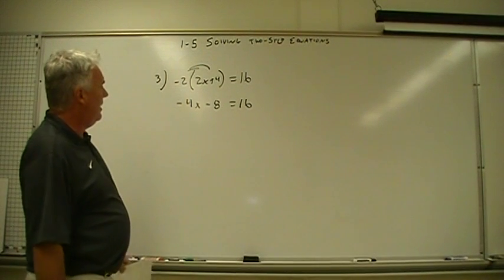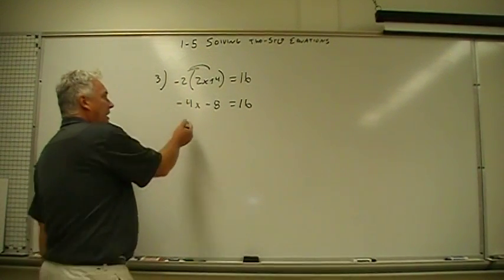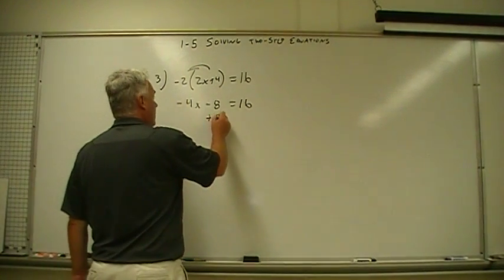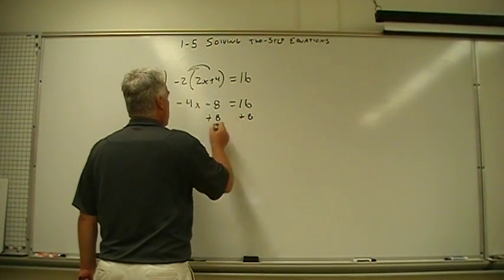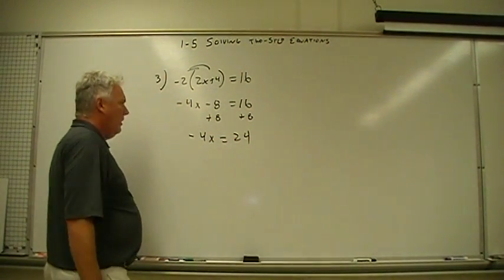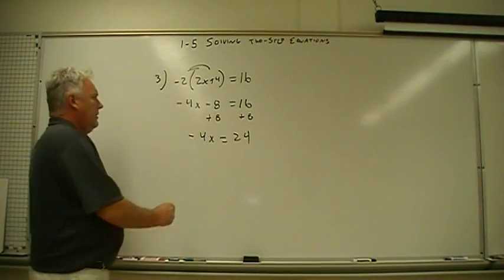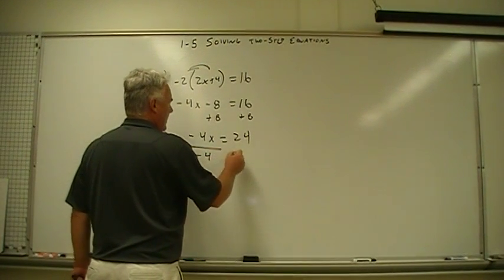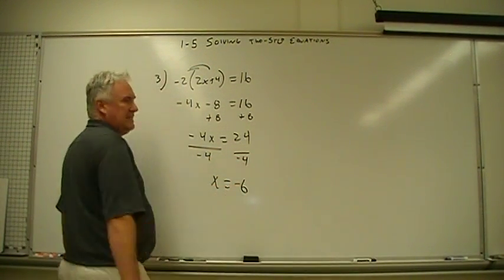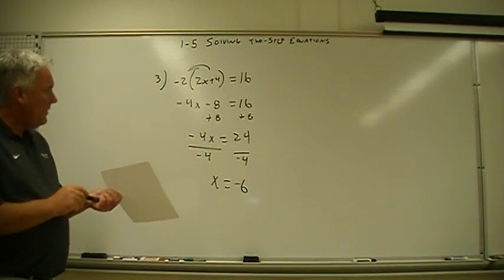Negative 2 times positive 4 is there. Hey, guess what? We're at a two-step equation. Negative 4x equals 24. Divide both sides by negative 4. X equals negative 6. Okay?